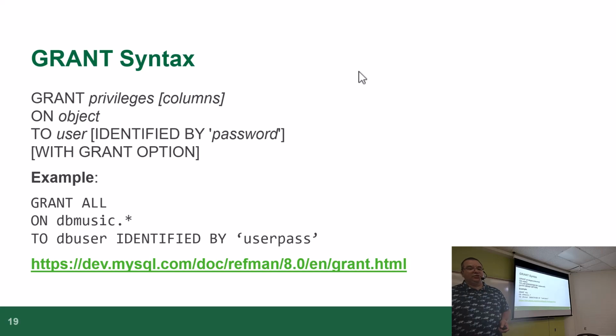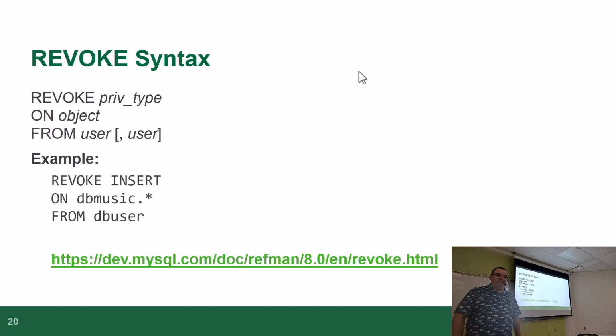Now the thing is that the user, depending on which version of MySQL you have, you might have to do the user at or not. Just look at the reference. So I provided a link to the reference on how to do it because that page is pages and pages long and it talks about what different things do. So it's worth reading.